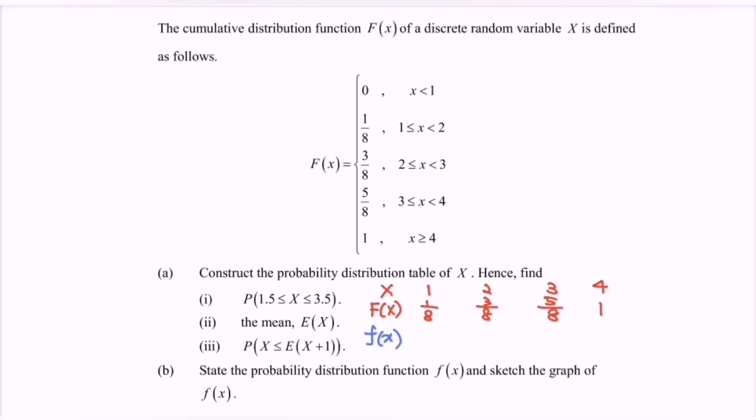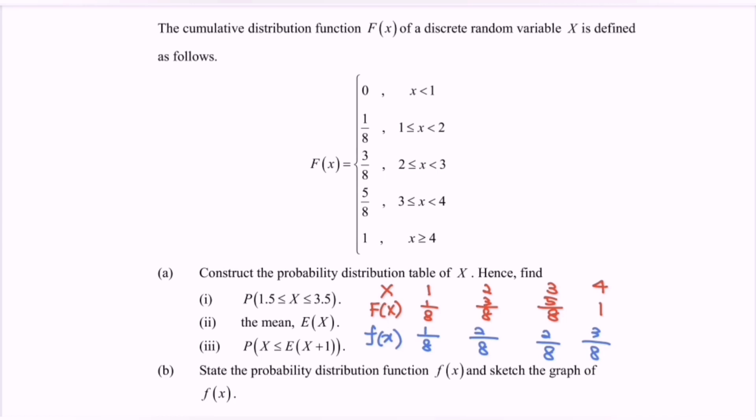To find 1, the answer will be 1 over 8. To find 2, kindly make use of 3 over 8 minus 1 over 8, so we will have 2 over 8. Continue: to find 3, we have to use 5 minus 3, so we have 2 over 8. And finally, 1 minus 5 over 8, and we will have 3 over 8. So that will be the table.